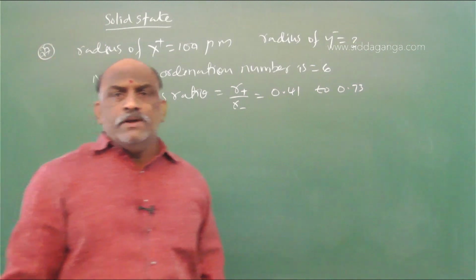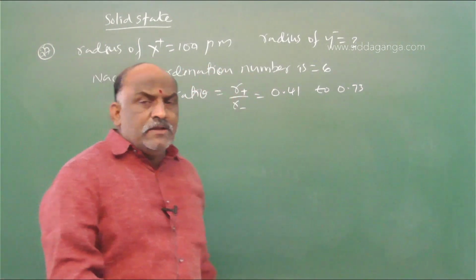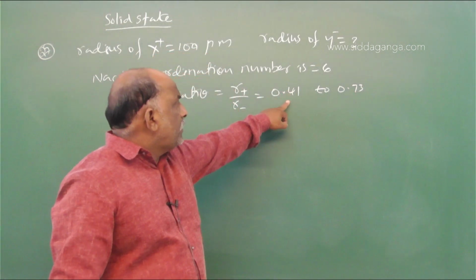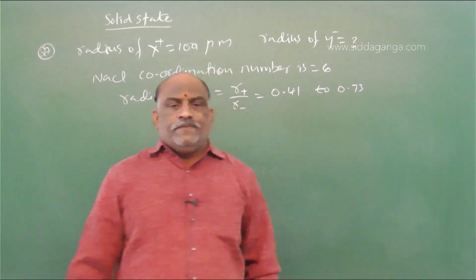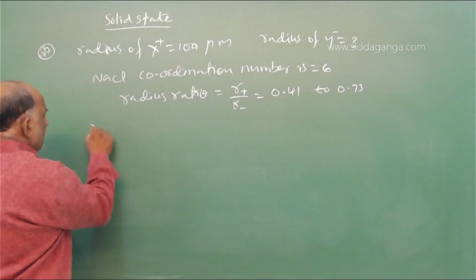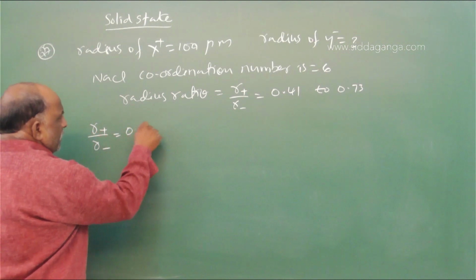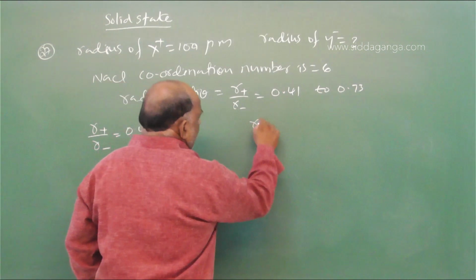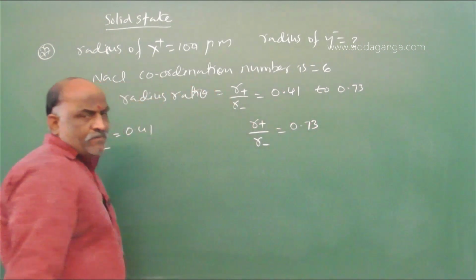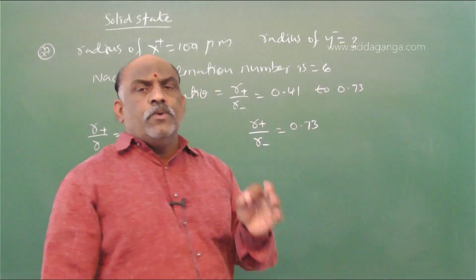This point you know, I think. Radius ratio for coordination number 6 is 0.41 to 0.73. So we know r plus by r minus is equal to 0.41, and r plus by r minus is equal to 0.73, because the minimum value is 0.41 and the maximum value is 0.73.